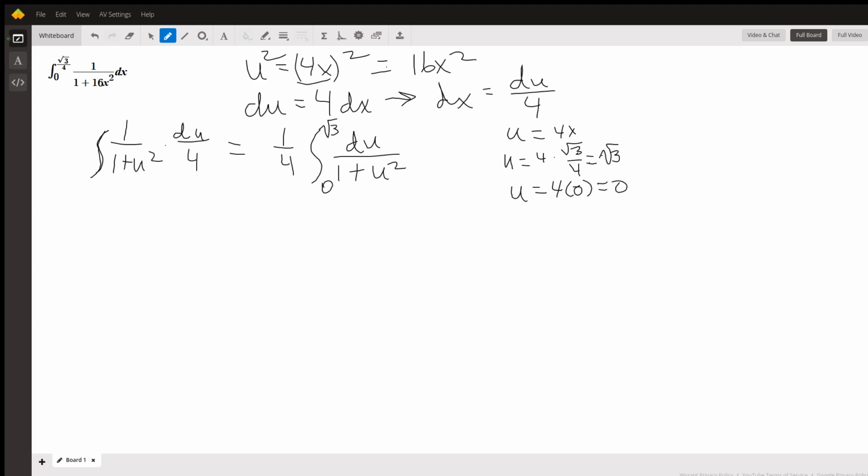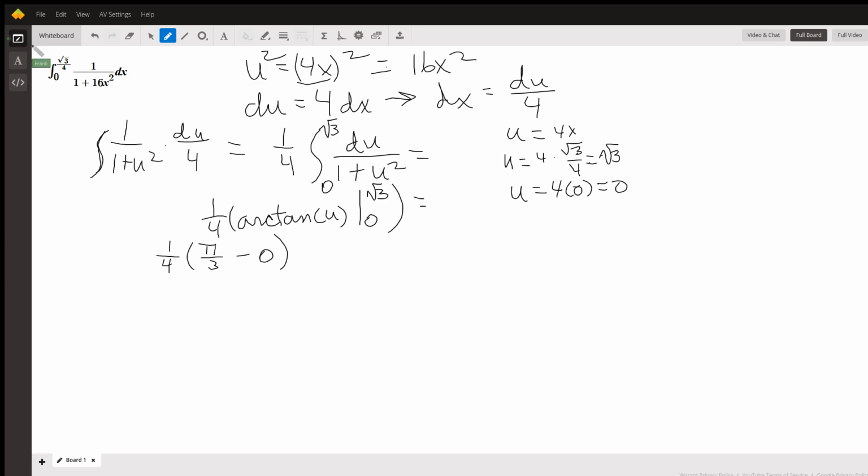Now you have to have this memorized. The integral of du over 1 plus u squared is arctan u. So this is equal to 1/4 times arctangent of u, evaluated from 0 to square root of 3, which is equal to 1/4 times the arctangent of square root of 3, which is pi over 3, minus the arctangent of 0, which is 0.